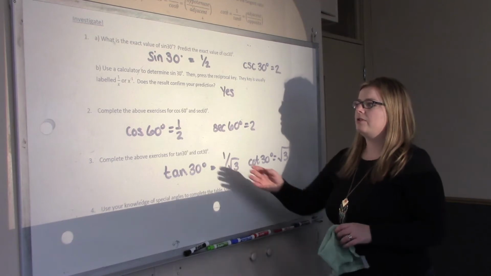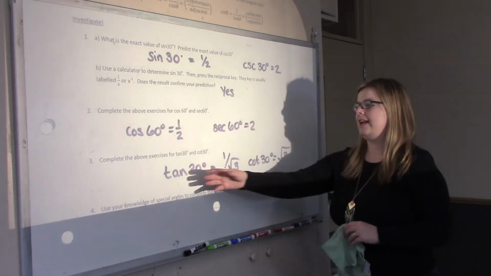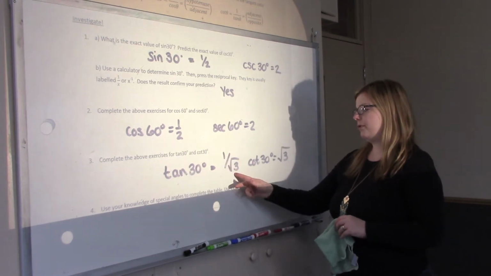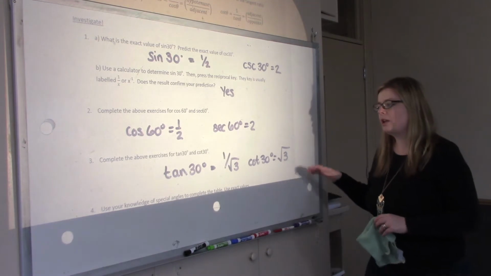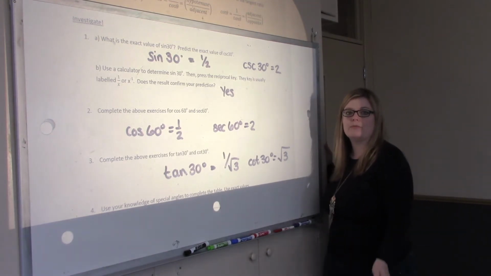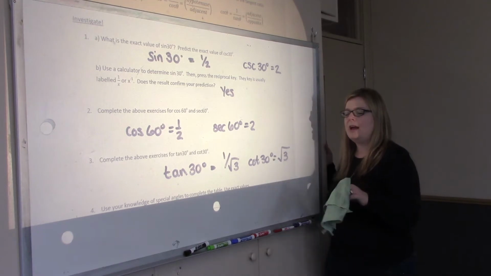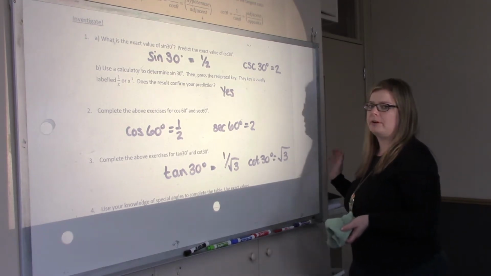Okay, so for cos 60, it's originally 1/2, so secant 60 should be 2. Tan 30 degrees is 1 over root 3, and cotangent of 30 degrees then is just root 3. When you use the calculator, it won't give you root 3, it'll give you a decimal. But if you check that decimal and you check root 3, that should be the same number.